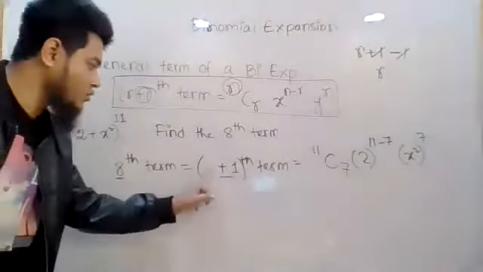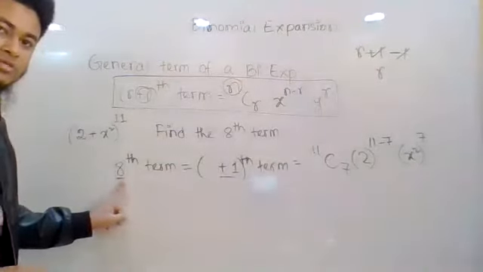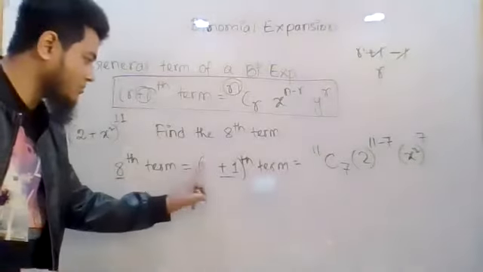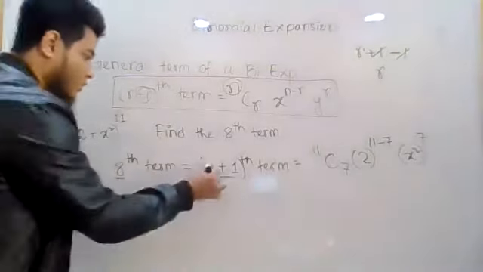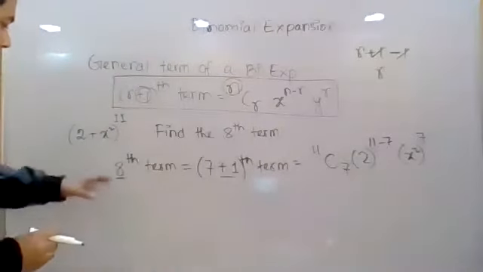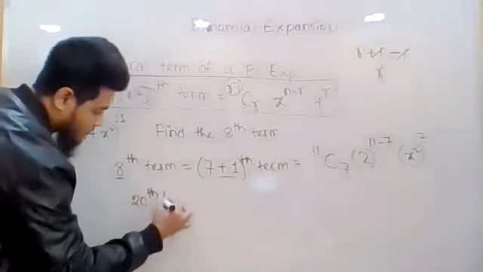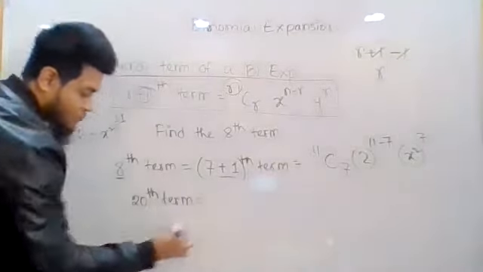Now, what I need to write here to make it equal to 8? Aisha, I want the response from you. Which number? 7. Very good. So I need to write 7 over here. You can use this technique also. Say you have to find the 20th term.